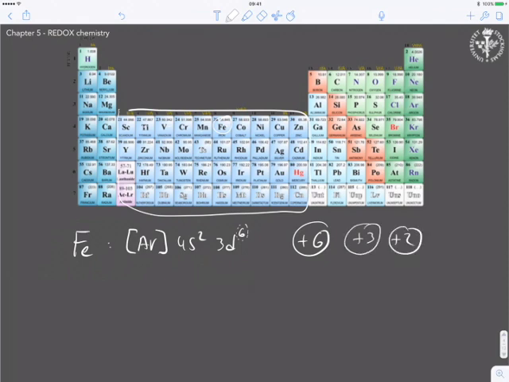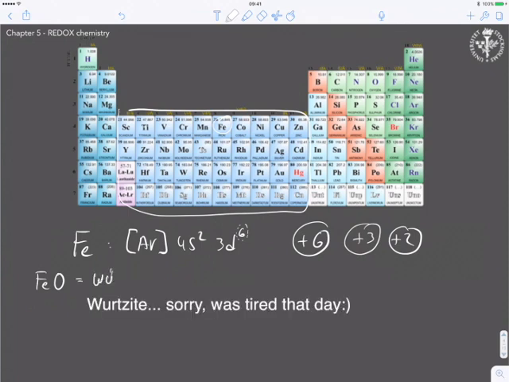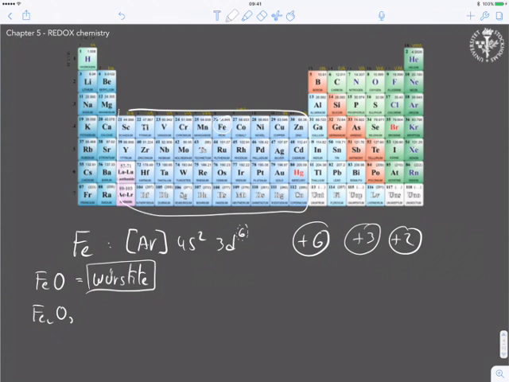So let's have an example of various minerals that you can find in geology, in the lithosphere. One would be iron oxide, FeO. A mineral that can actually have this formula is wüstite. Another one would be Fe2O3, very famous, we call that hematite, and Fe3O4, which is magnetite.